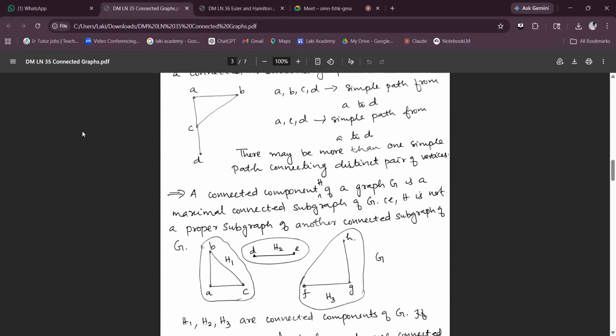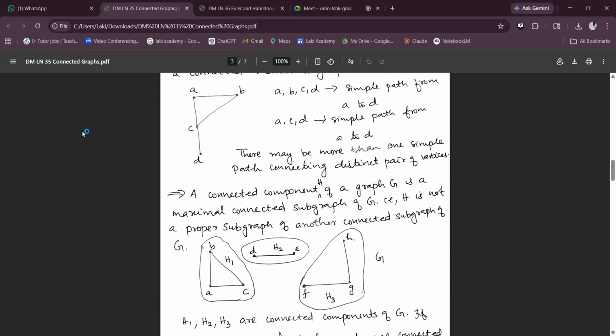Sir, can you show one example? Is it used to solve problems, the theorem? It is not important. This is a theorem only. Questions are not asked based on this.